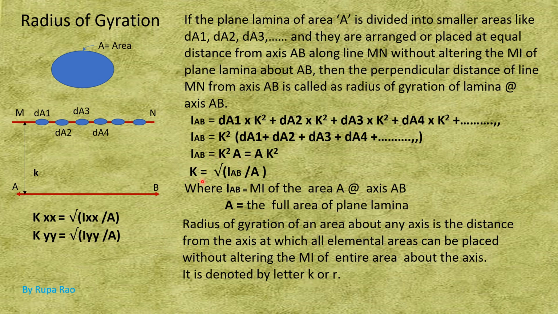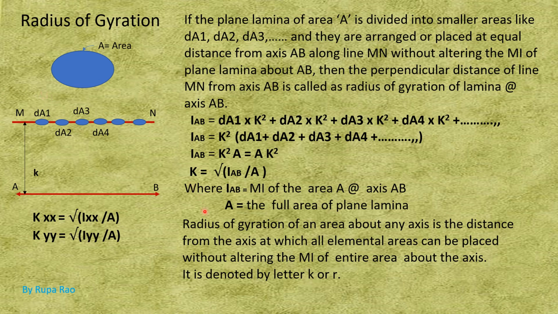If I want k, I have to do under root. So under root bracket open IAB upon A bracket close gives me the figure k, which is known as the radius of gyration, where IAB is the moment of inertia of full area A about axis AB, and A is the full area of the plane lamina.